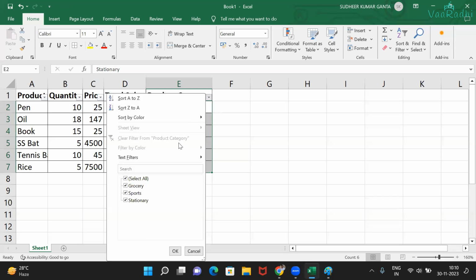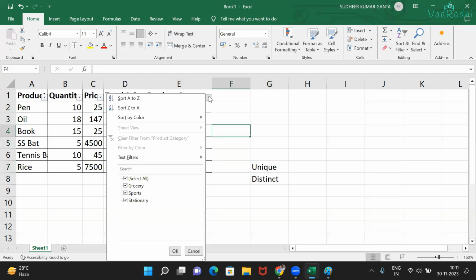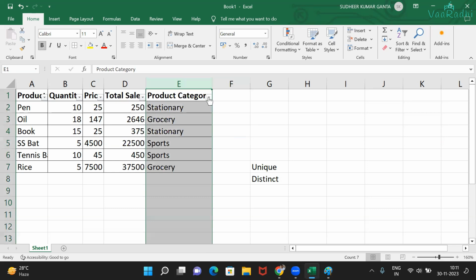So my filter gives me only the unique or distinct values. Remember this keyword, guys: unique, distinct. Both are the same. We are going to discuss these 2 keywords a lot during the SQL discussion. So the filter takes out only unique or distinct values from that column to filter the data. Clear? So far clear, everyone?